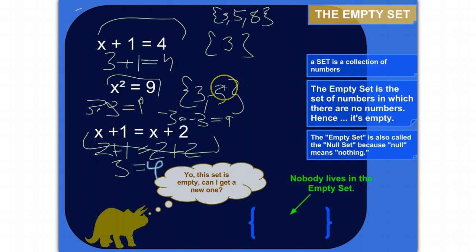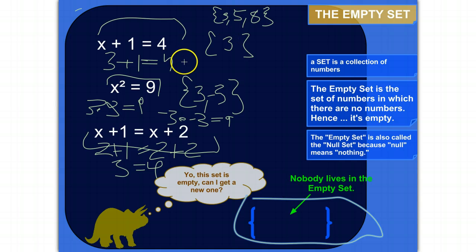So if I were to ask you, what's the set of numbers for which this is true, you would say to me, the empty set. There are no numbers for which that's true. So the empty set is kind of a fancy way of saying there's no solution. It's helpful when people ask you what is the set of all numbers for which something is true.